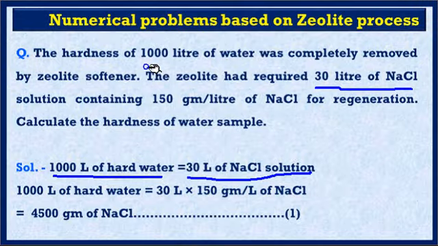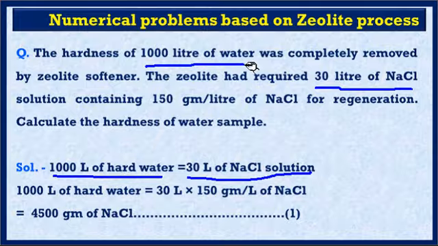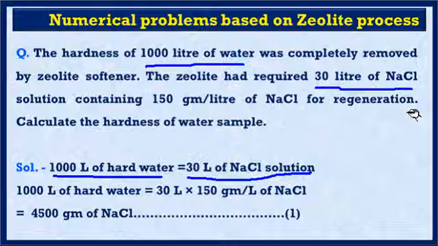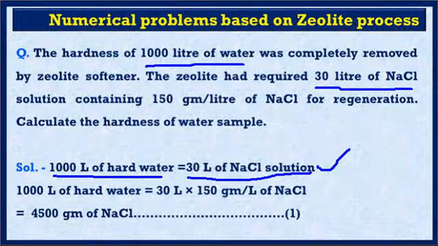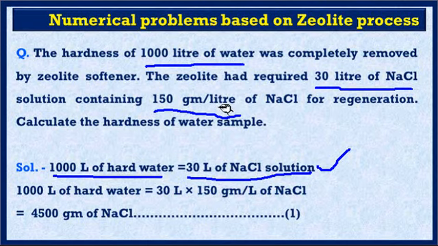So 1000 liter of hard water requires 30 liter of NaCl for regeneration, and the concentration of NaCl solution is 150 gram per liter. That means 1 liter of NaCl contains 150 gram of NaCl.